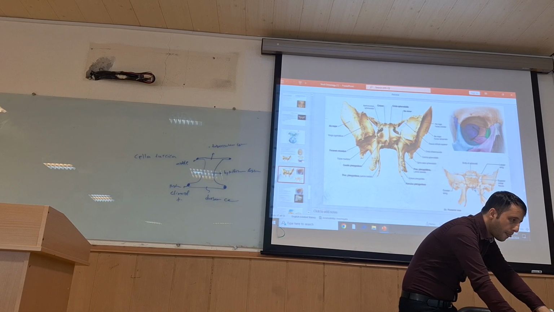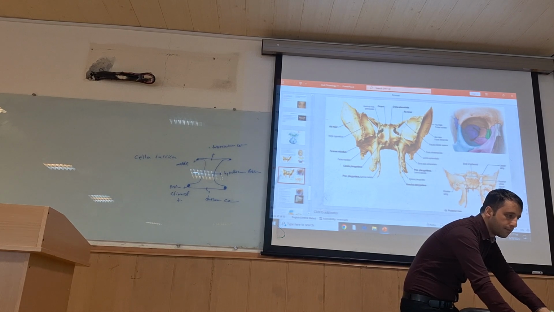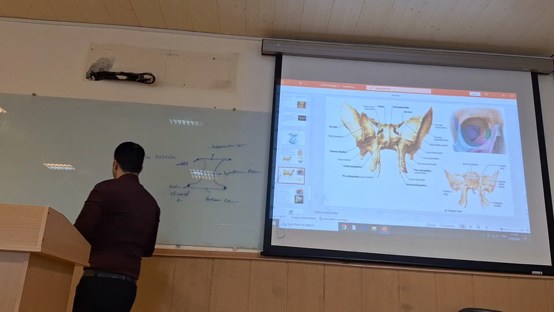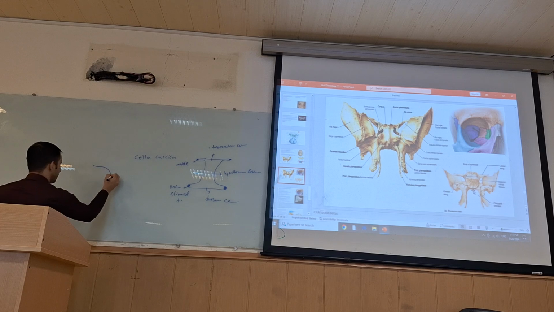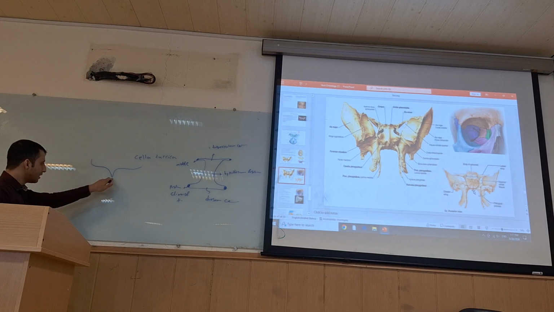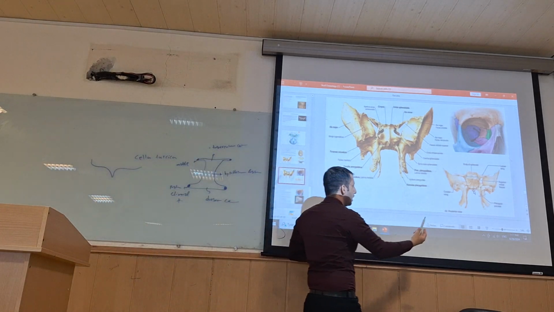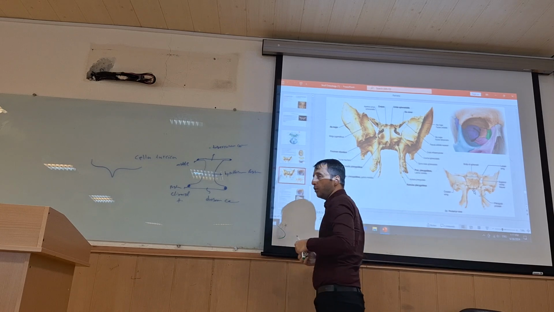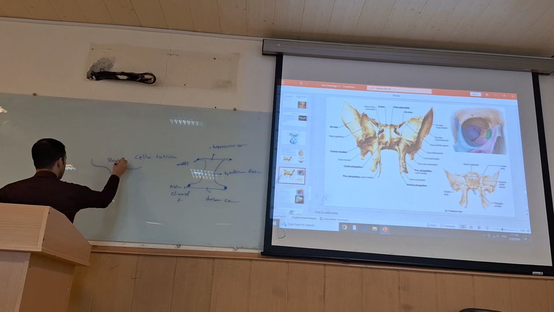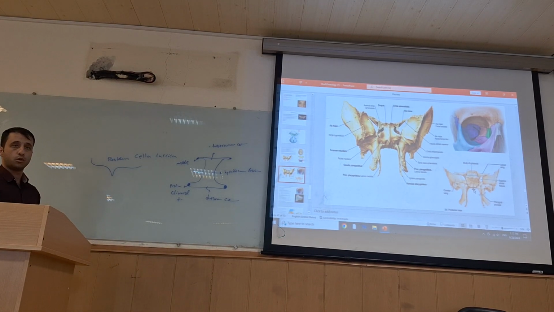Look at here. It is the inferior surface of the sphenoid. In the inferior surface of the sphenoid, at the midline, I can see an elongation which is named the sphenoidal rostrum.